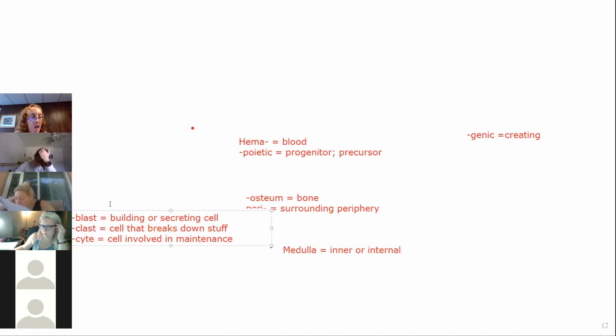So an osteoblast is a cell that's involved in building and secreting bony matrix. An osteoclast is a cell that breaks down bone. An osteocyte is a maintaining bone cell.